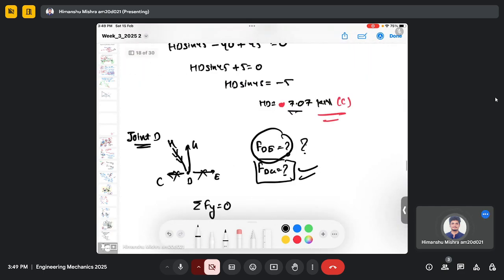And this I know, theta, which is 45, and this should also be 45. And I already know HD, which is 7.07 kilonewton compressive force, right?